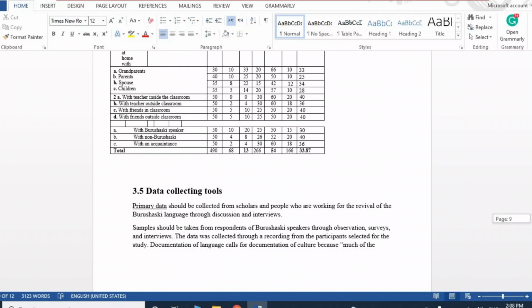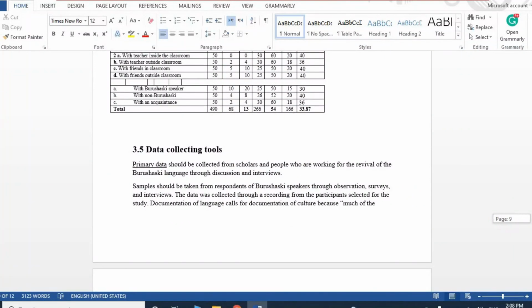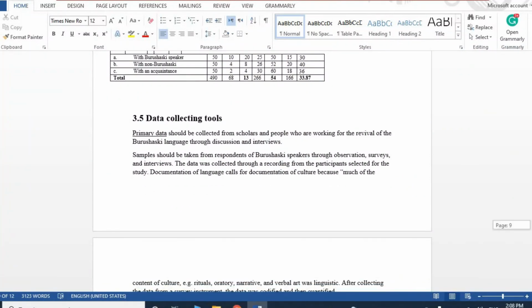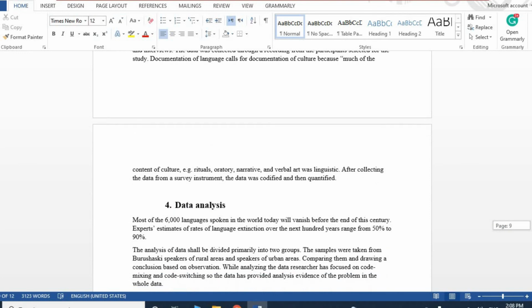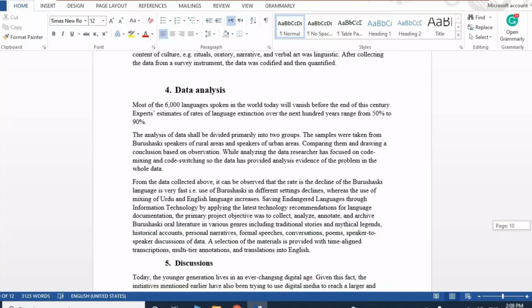And after this data, right, we will collect data through collection tools. Primary data should be collected through interviews, right, questionnaires, and samples should be taken from the respondents of the Burushaski language of the new generation. So after collecting this data, we will go for data analysis.